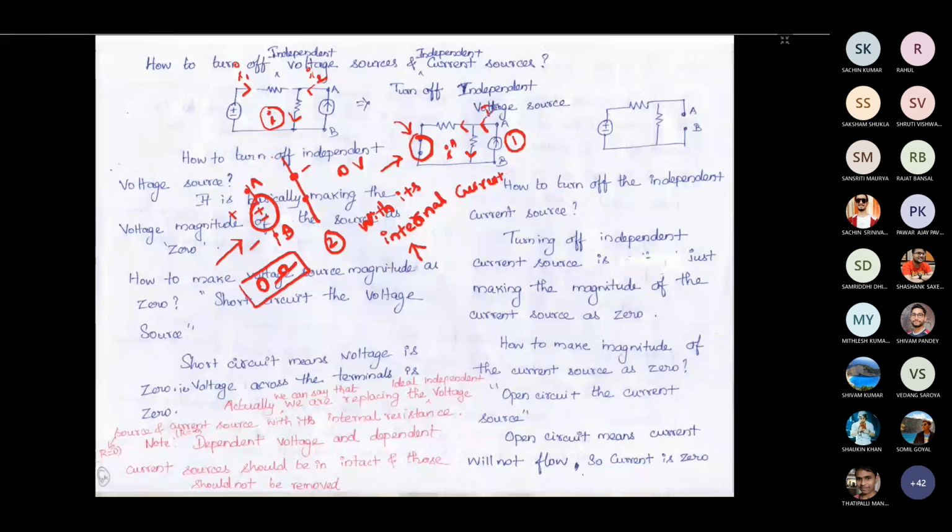If this is the total current flowing, and this is R1 and this is R2, then the current I dash is equal to the total current times the opposite resistor, that is R1, divided by the sum of the resistors. In this way, I can obtain the current through this resistor, that is I1.